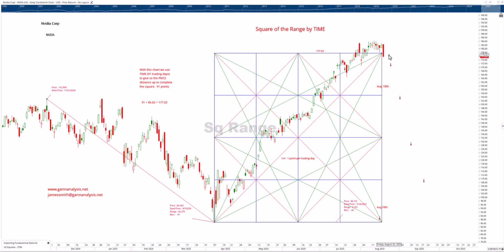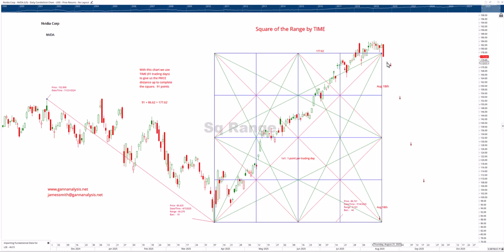You cannot trade just on the fact that you violated a Gann line for price. You need both of them to happen together. So the reality is time and price have come together here. You completed the square in time, and the very next day you took out an important Gann line in price. Time and price. When they come together, you get a change in trend.